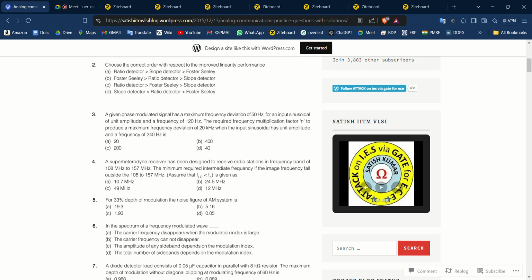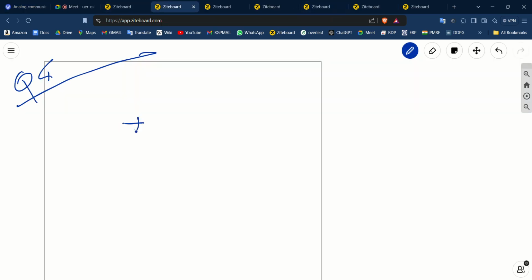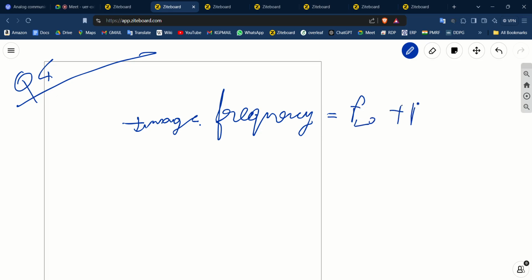In the case of a superheterodyne receiver, the image frequency is known as FLO plus FIF.